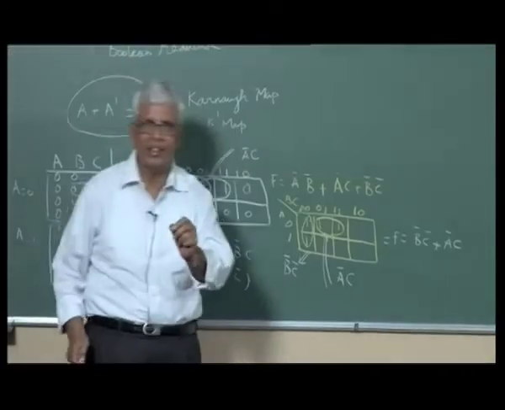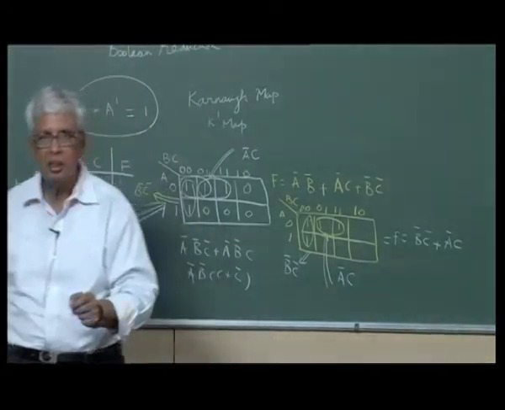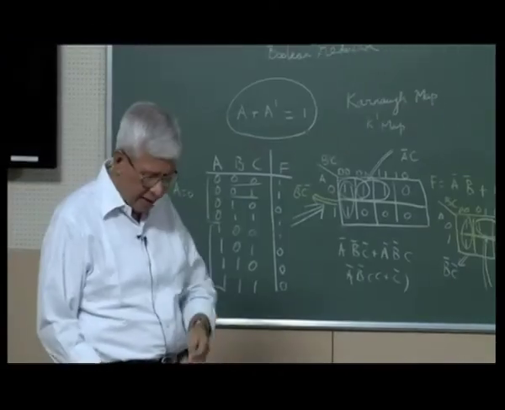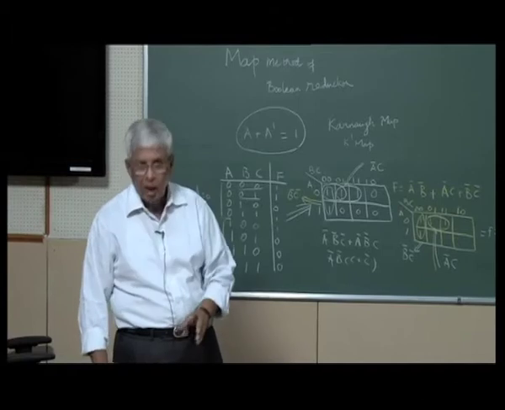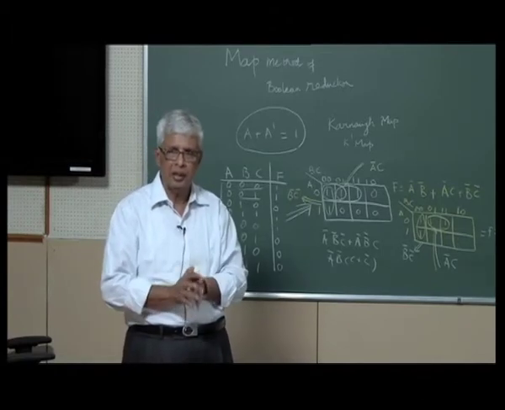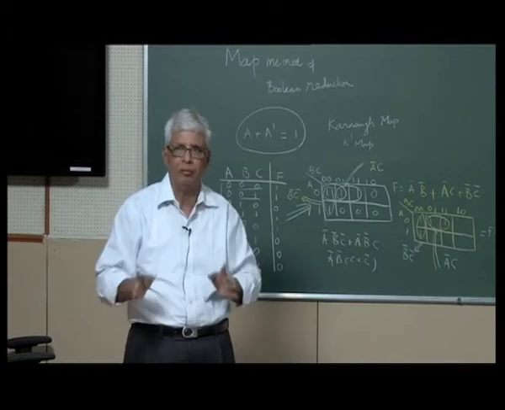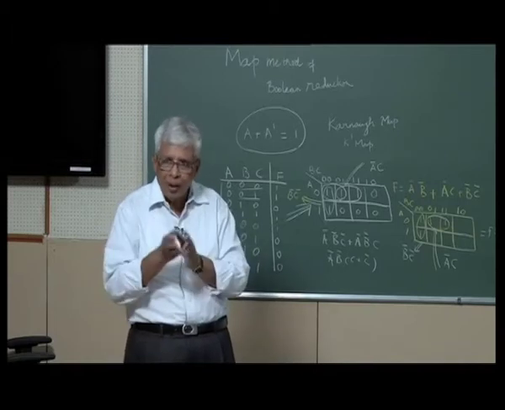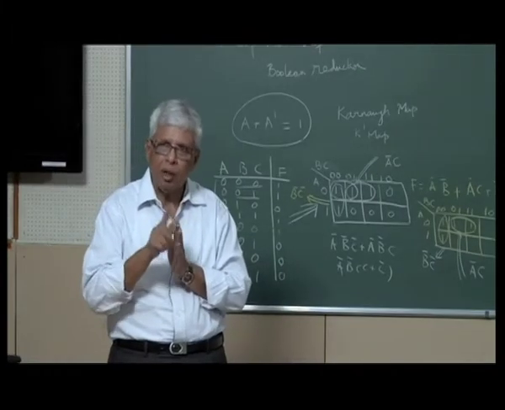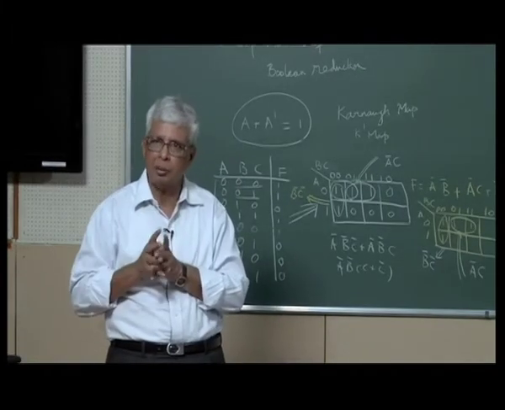This is a very quick, efficient method called the map method or Karnaugh map method. The idea is to have as few groups as possible, at the same time not leaving out any one. All the ones in the map should be covered at least once. Covering a one more than once is not a problem, it is not a mistake.